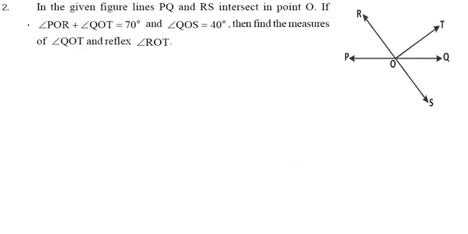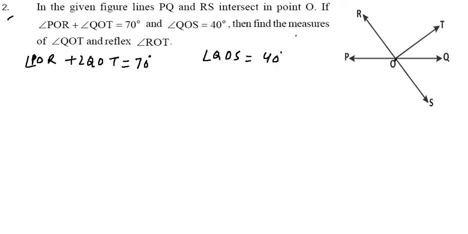Now come to the second question. In the given figure, PQ and RS are intersecting at point O. This one is PQ and RS. If angle POR plus angle QOP will be equal to 70 degrees, and it is also given that angle QOS is equal to 40 degrees, then measure angle QOT.